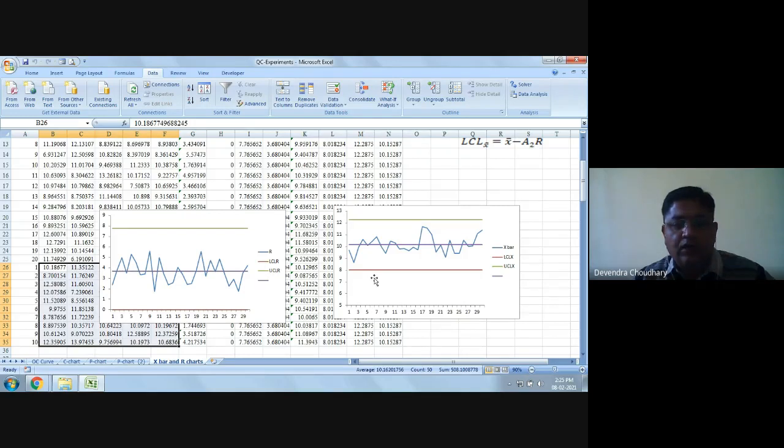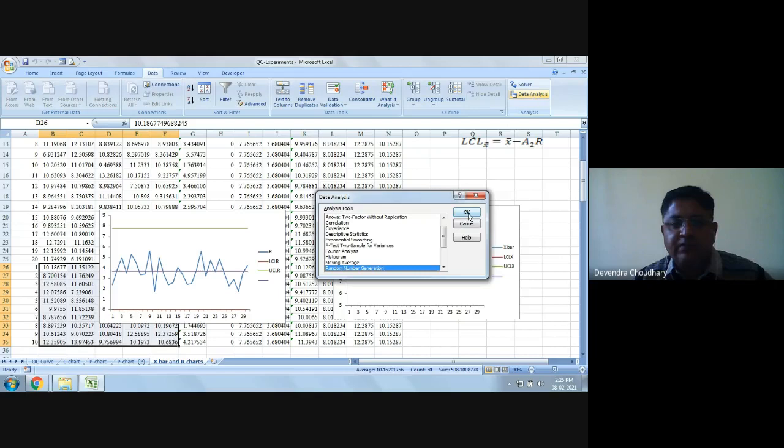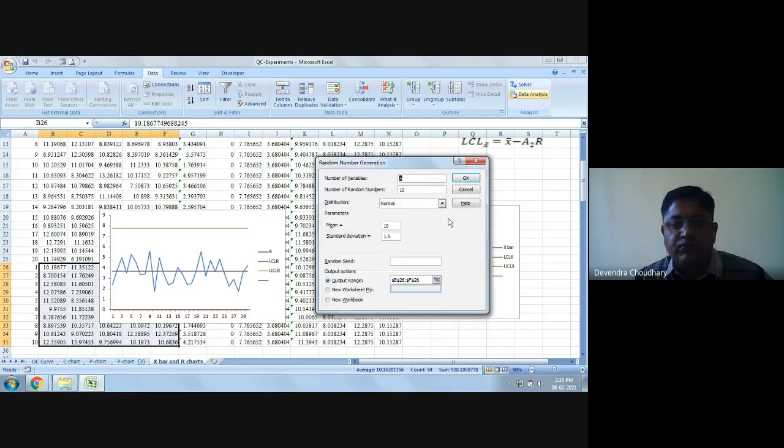Okay, now I make changes in this. Let's say my process mean has shifted from 10 to 10.5. Okay, so only these 10 observations will change because I am going to find these values in future as my process mean will shift.